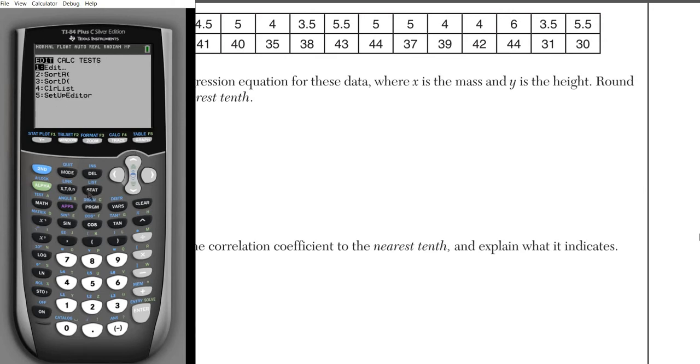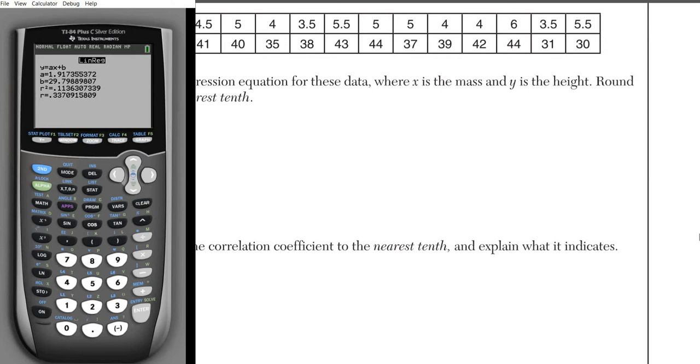After you do that, you go to stat, calc, 4, enter, enter, enter, enter, and here it's given to us in the form y equals ax plus b. A is the x coefficient and b is the constant.